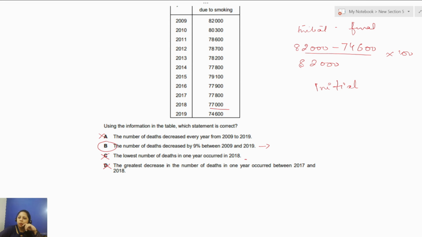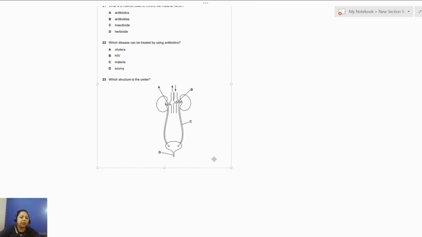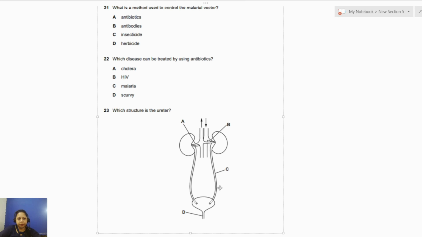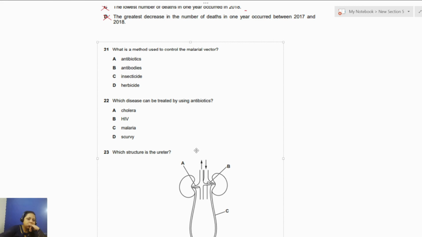Okay, let's move to question number 21, 22, 23. These three are really easy. What is the method we use to control the malarial vector? What is a malarial vector? Vector means something that carries the germs. Antibiotics? Really? Vectors are carriers.